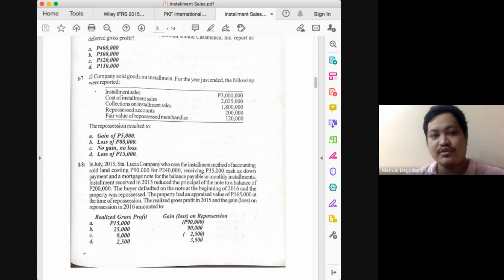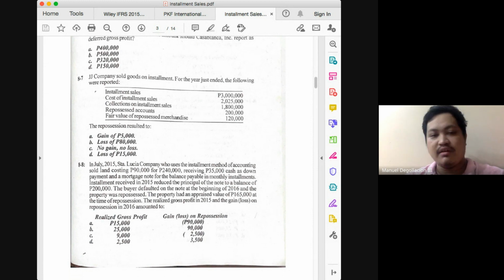Okay, and that's not difficult to determine because we are given our installment sales and the cost of installment sales. The cost of installment sales is 2,025,000 divided by installment sales of 3 million. That means the cost ratio is 67.5%. Okay, that's the cost ratio, the complement of the gross profit ratio. So you multiply the cost ratio of 67.5% with the repossessed accounts, or the balance of your installment receivable attributable to the repossessed merchandise, which is 200,000.